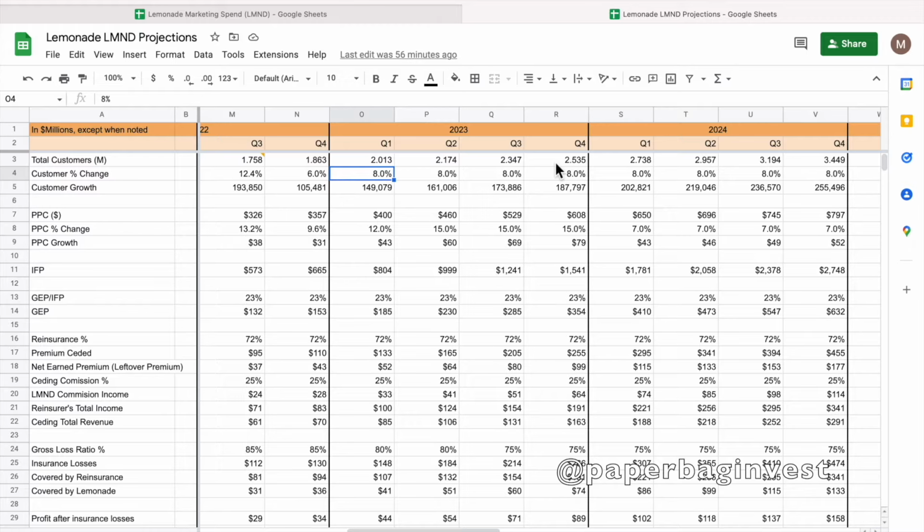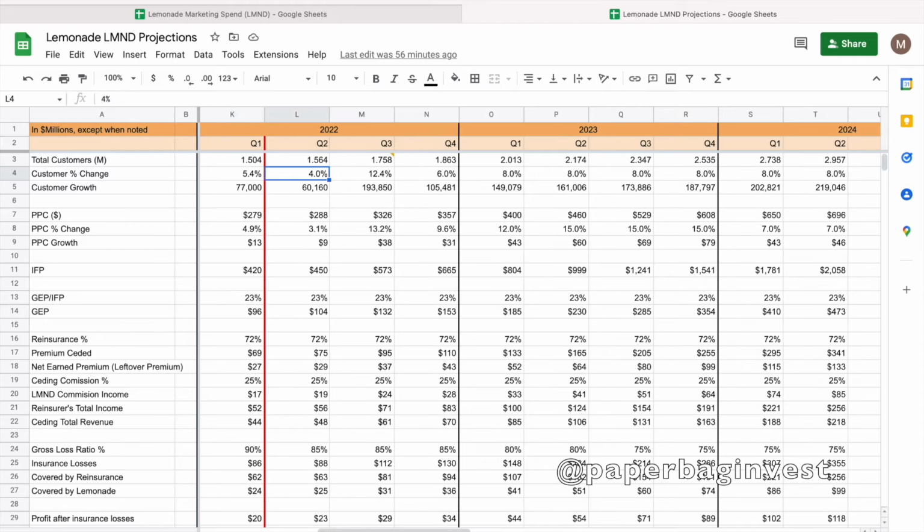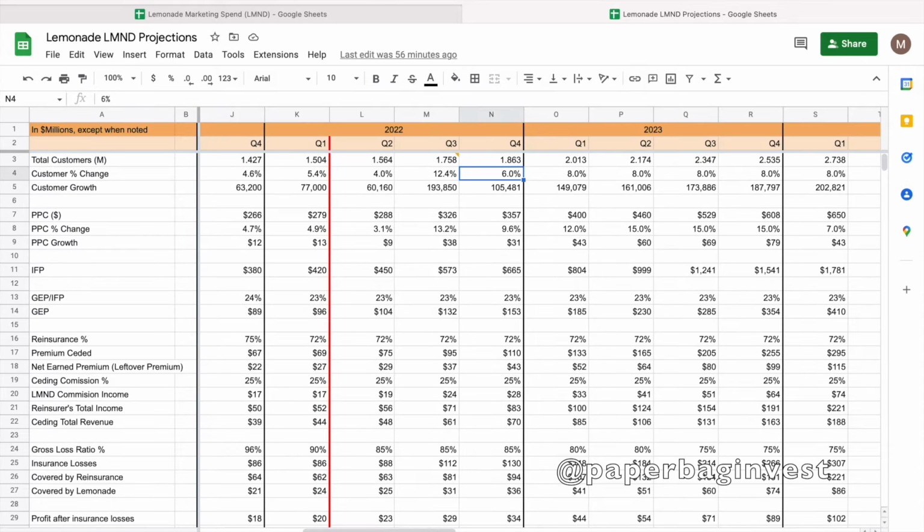They've been as high as 30%, 40% in that range for customer growth. I do expect they could sustain that kind of growth for a long time, especially as their full suite of products rolls out to everyone who might want them, especially auto insurance, car insurance, which is a big one that a lot of people would want.